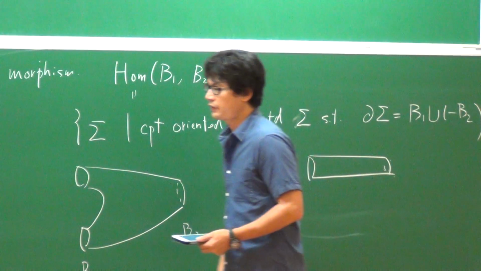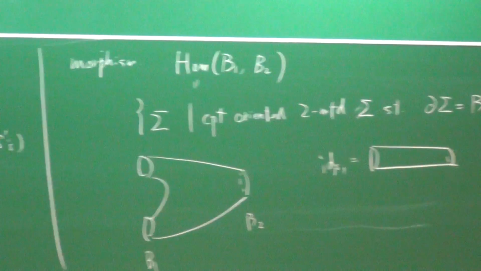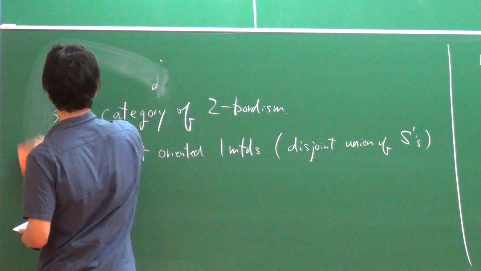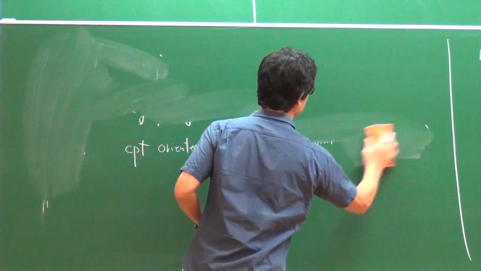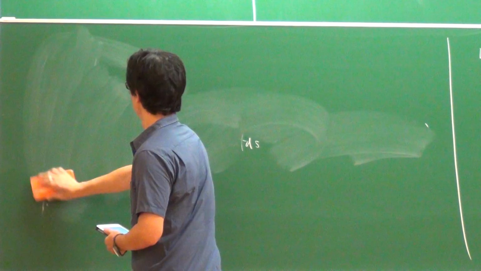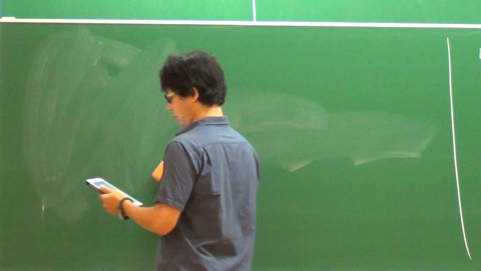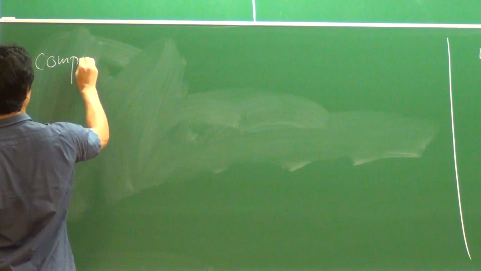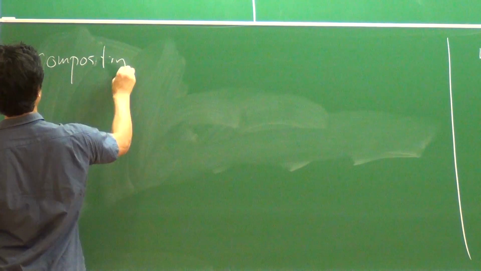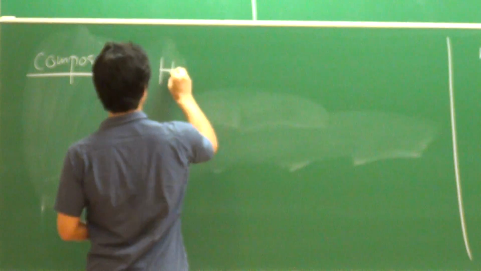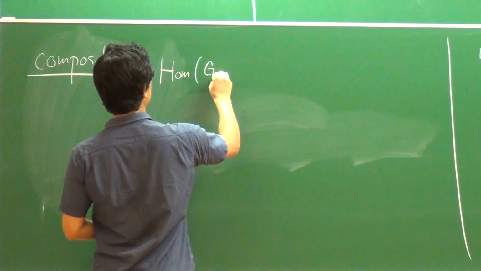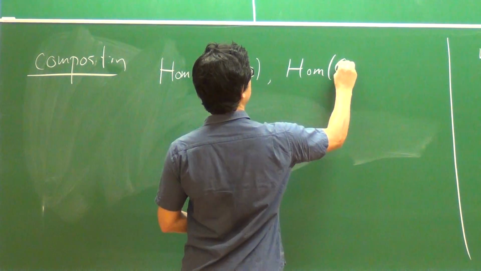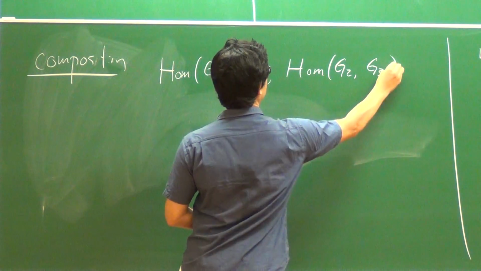So I have to describe the composition of two morphisms, which are two symplectic varieties. So what is the composition of Hom(G1, G2) and Hom(G2, G3)?